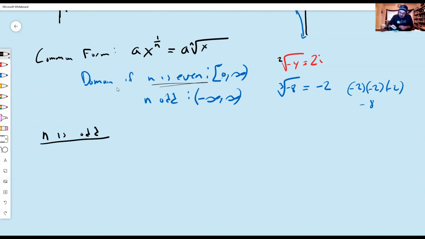Well, the first one, if I have f of x equals x to the 1/1, that's just going to give me a line.